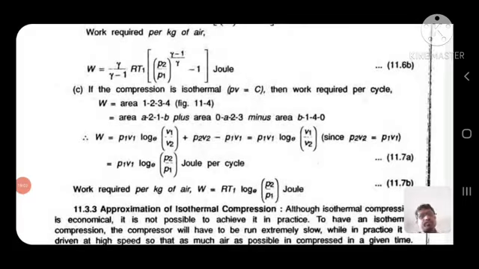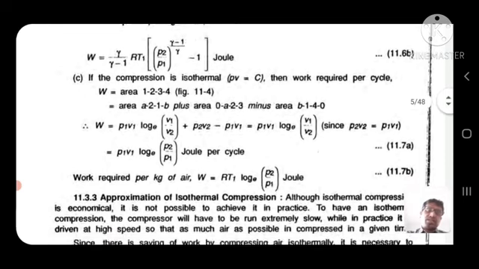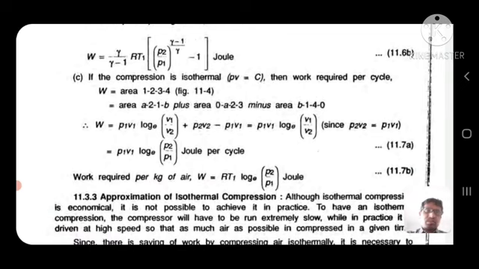If the compression is isothermal, PV is equal to constant, then the work required per cycle W is equal to area 1, 2, 3, 4. So the area is equal to area A21B plus area 0A23 minus area B140.